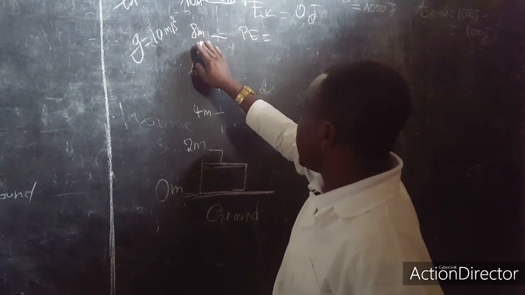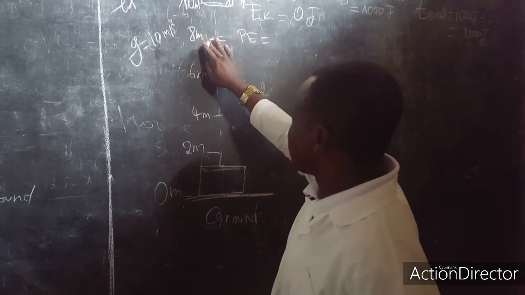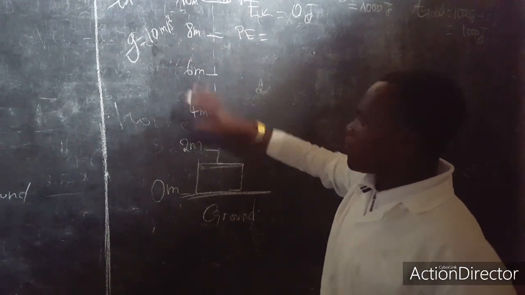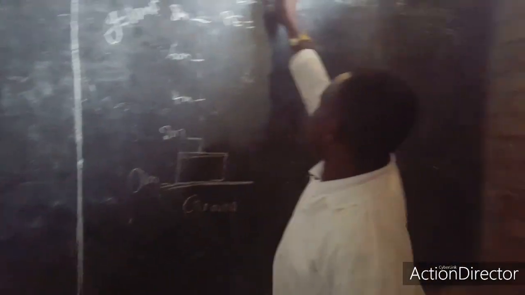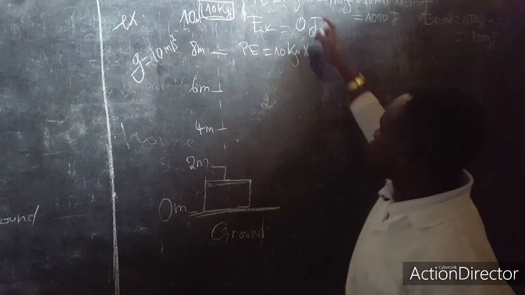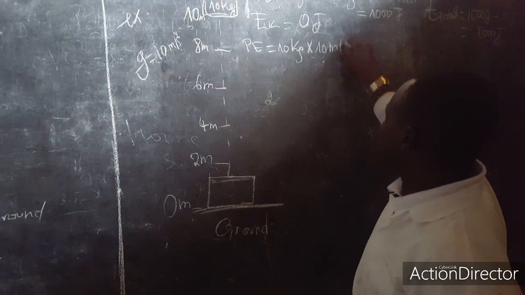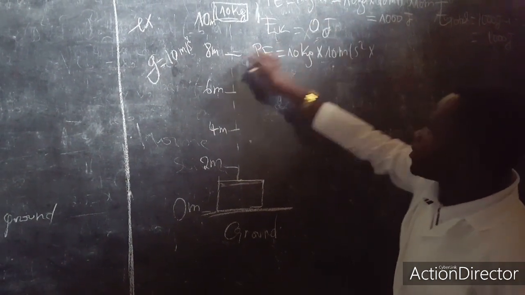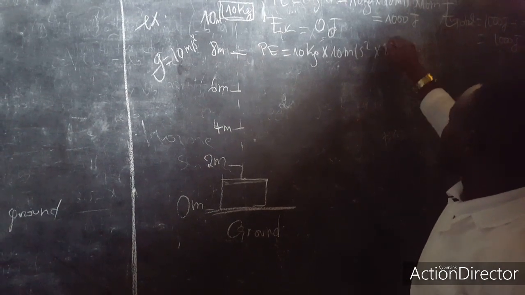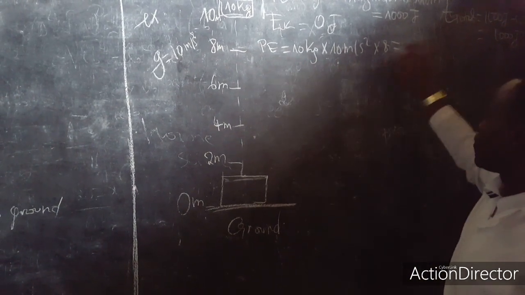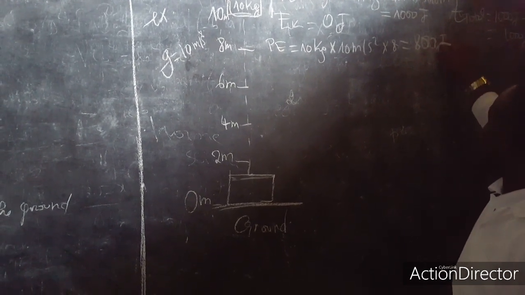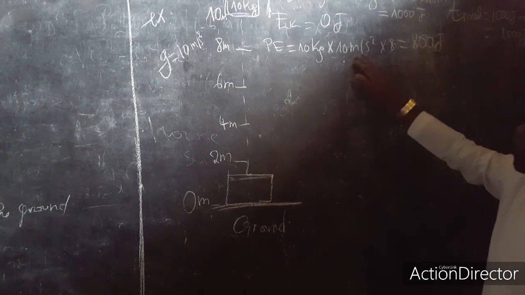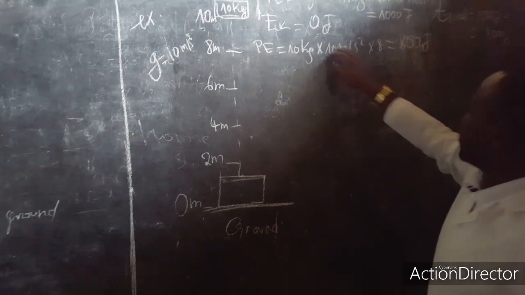So at 8 meters from the ground, we have potential energy, which is mass 10 kilograms, times g, which is 10 meters per second squared, times height, which is 8. So the potential energy here will be 800 joule.